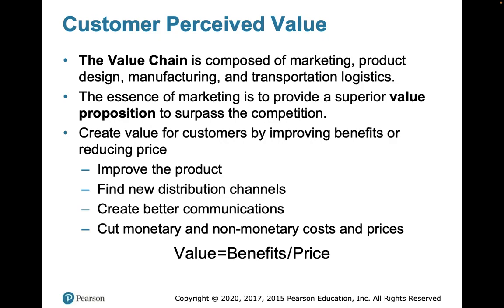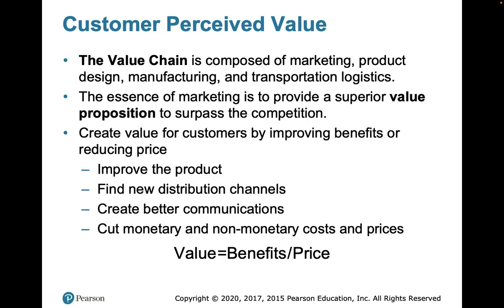So we know we have the value chain. The value chain is composed of marketing, product design, manufacturing, transportation, and logistics. Before we can say a product has value, all of these things must be top notch.